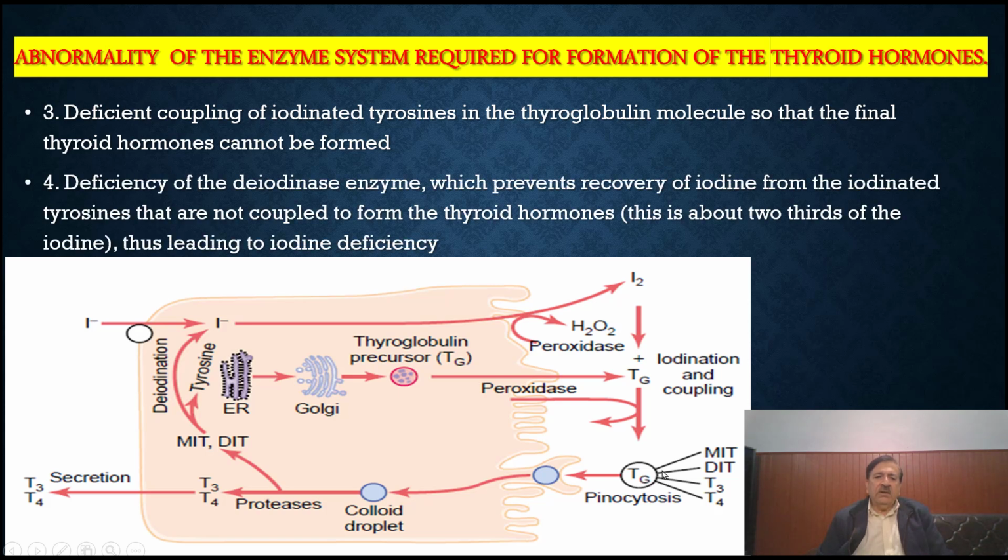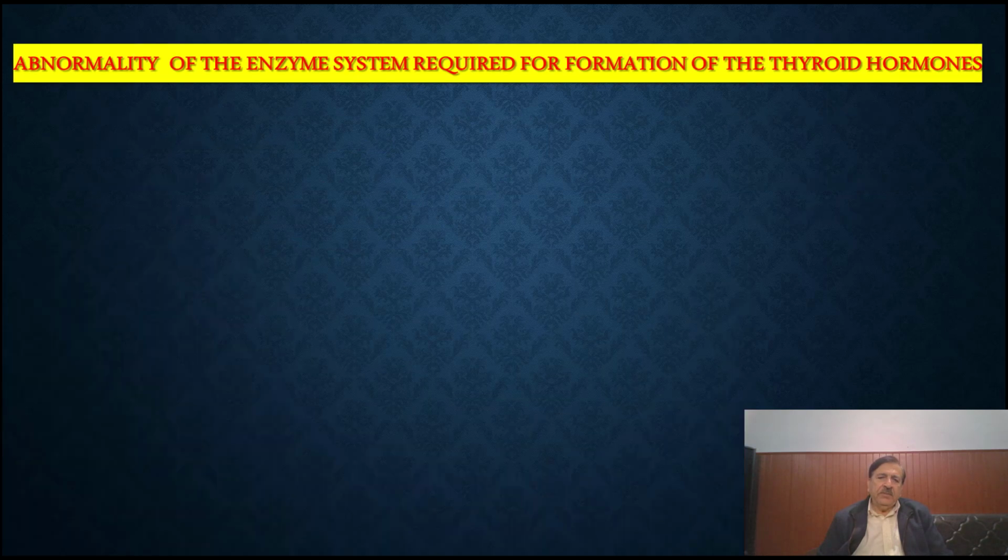Deficiency of the deiodinase enzyme, which prevents recovery of the iodine from the iodinated tyrosine that are not coupled to form the thyroid hormone. This is about 2/3 of the iodine, thus leading to iodine deficiency.